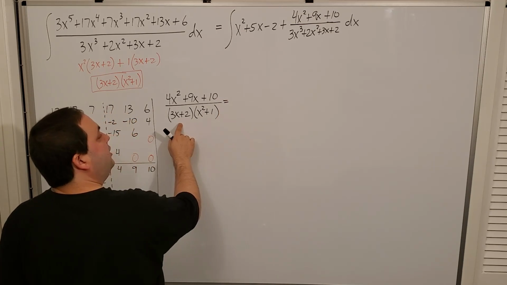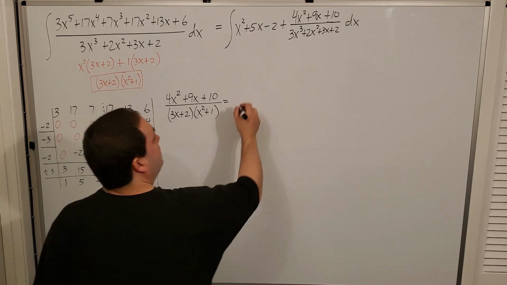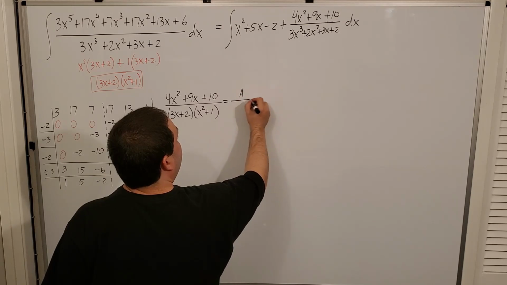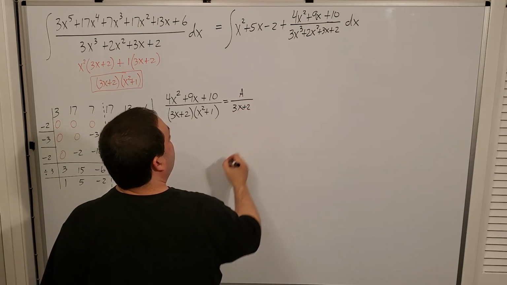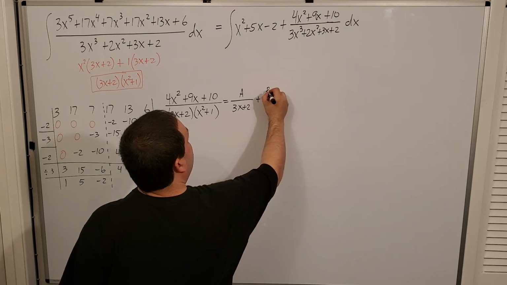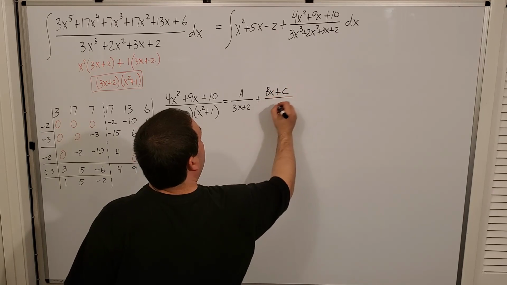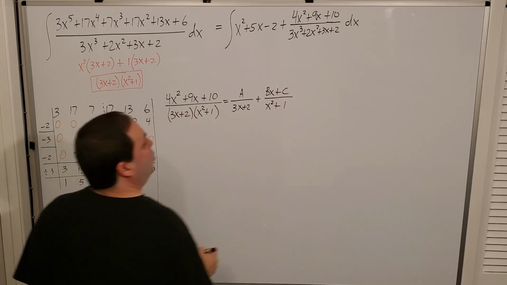I have a linear and a quadratic, so that's just going to be A over 3x plus 2 plus Bx plus C over x squared plus 1.